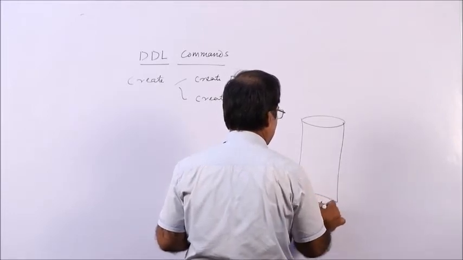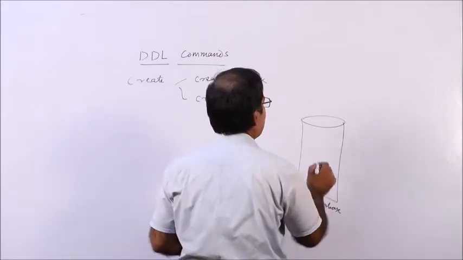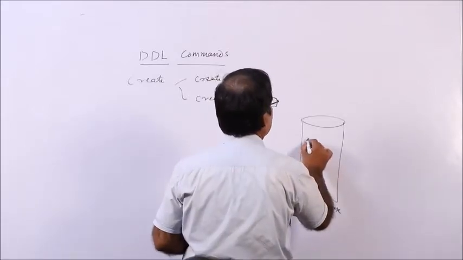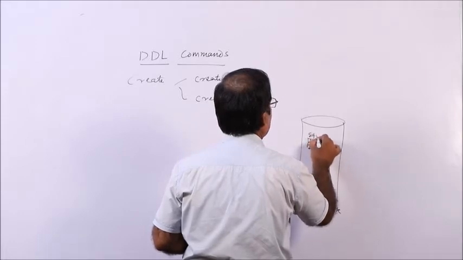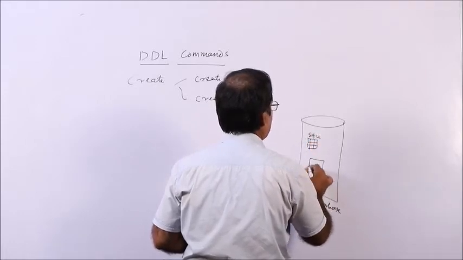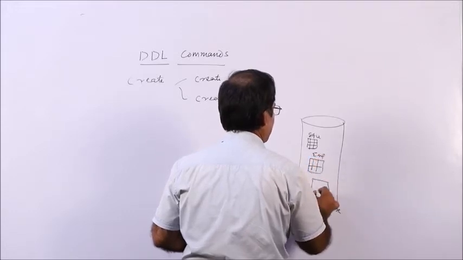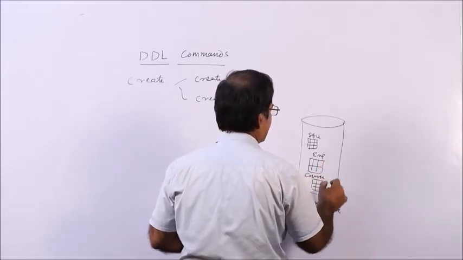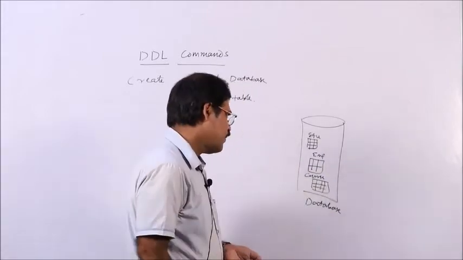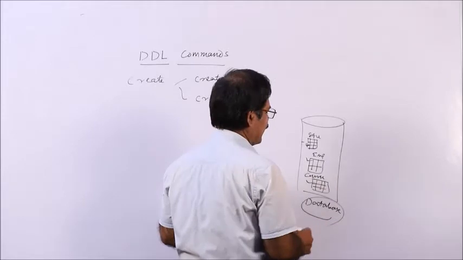Let this be a database, and you provide some name for the database. This database has a number of tables. Suppose a student table, an employee table, a course table. So, this database contains a number of tables, and you have to create the tables inside the database.